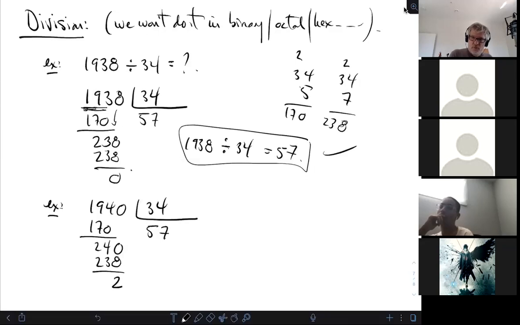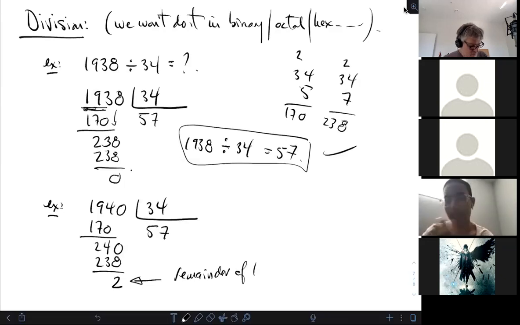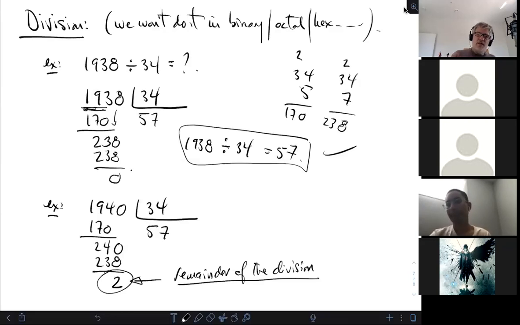You get a decimal point and you keep on going. We don't want to do that. All I want is for you to notice that this is the remainder of the division, which will be important. So the remainder of the division is 2.